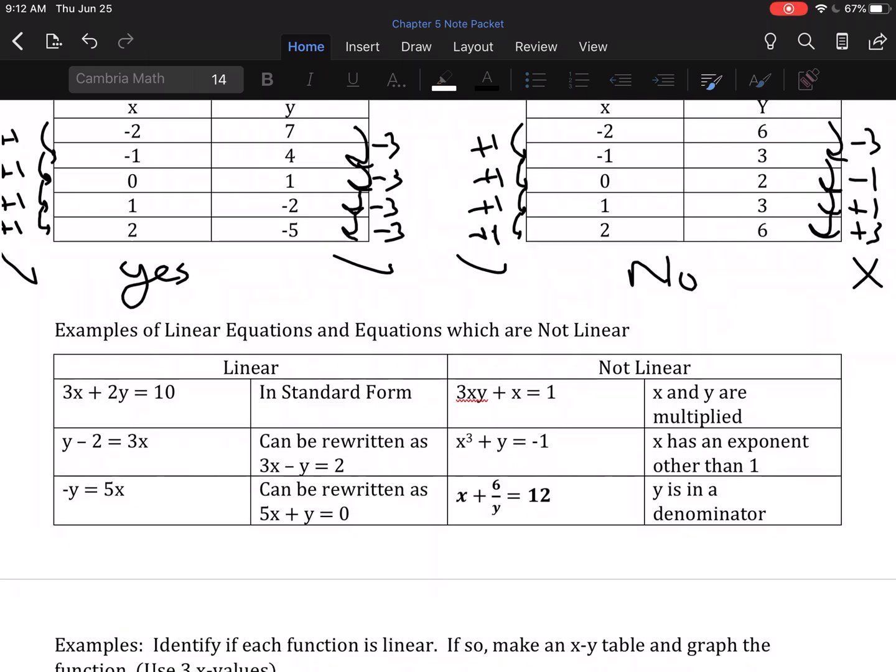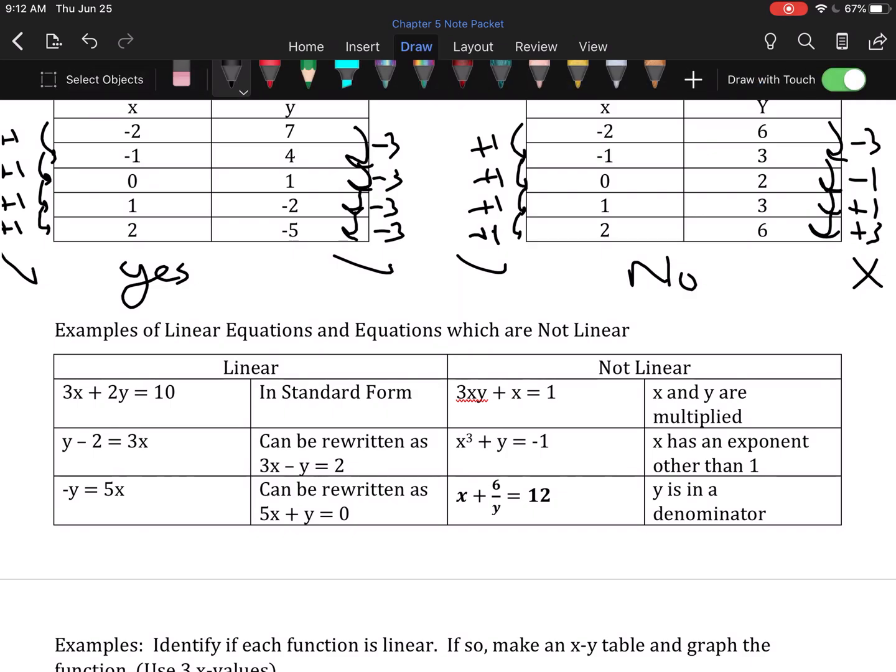And we've got a table here. So it's basically showing us that a linear function can always be written in that ax plus by equals c form I showed you earlier. And it's giving you 3 examples of things that aren't linear. And they're showing you the rules that can be broken. For the first one, x and y are multiplied, you can't have that.